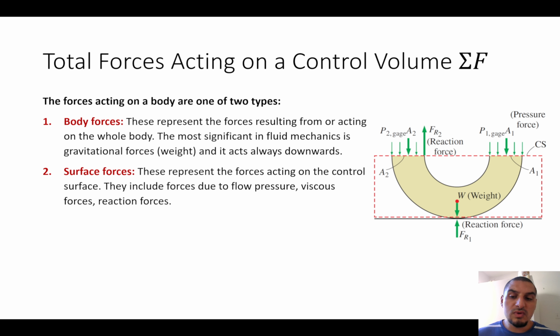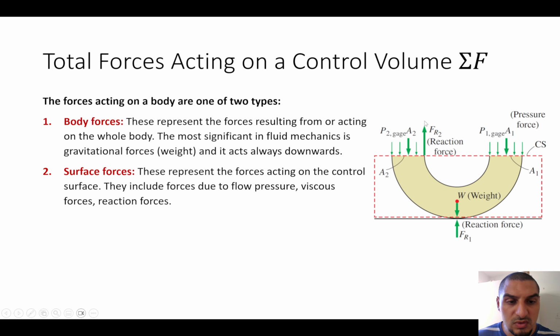We can have different categories. The most common are the flow pressure, or the forces due to the pressure of the flow, the viscous forces, which are the friction forces, and the reaction forces. For the flow pressure, if we have a liquid flowing in this direction, it's flowing with a pressure. There is a force that results from this pressure, which is the pressure times the area.